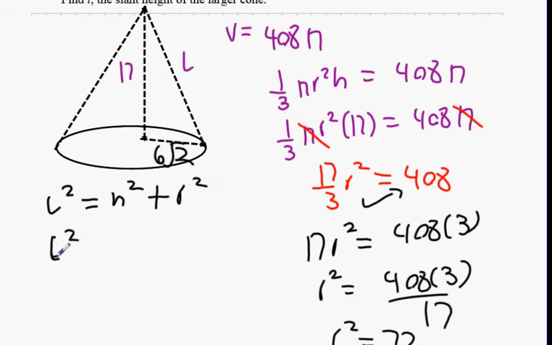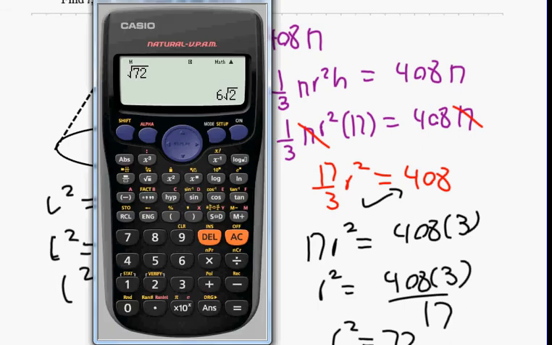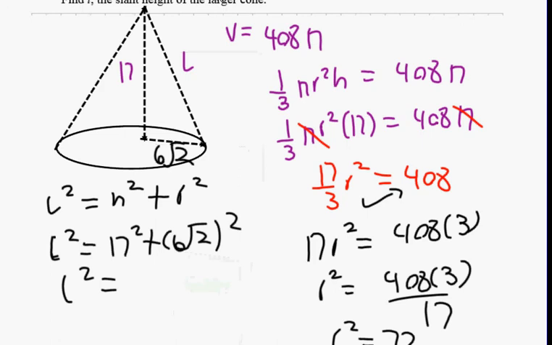L squared therefore must be equal to 17 squared plus 6 root 2 squared. L squared equals 17 squared plus 72, root 361. What's root 361, anybody? 19. Who got that one out completely? 19.